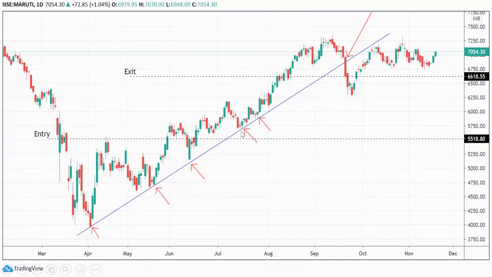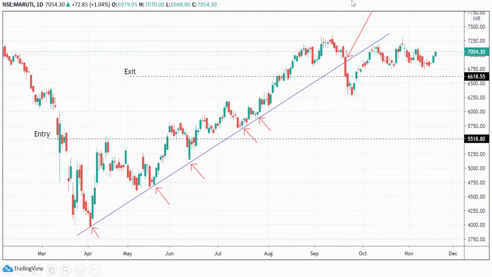Now once it starts making touch points, you can move your stop loss. So here your stop loss can be moved, then here your stop loss can be moved. In this case, you are basically riding a free trade. Your entry was 5518 and now your stop loss is something around 5900. So you are already banking 400 rupees profit.